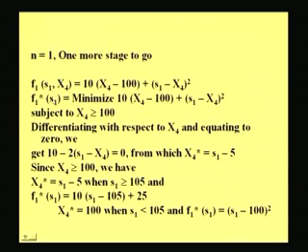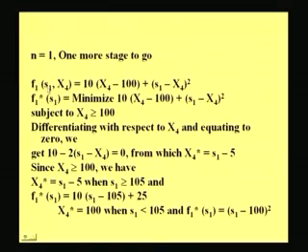Now, there is a changeover from x3 to x4, because x3 is the number of people employed in month 3, x4 is the number of people employed in month 4. So, x3 minus x4 is the changeover. Now, x3 is the same as s1. The state variable is the same as the number of people employed in the previous month. So, we have (s1 minus x4) the whole square. This is the changeover cost.